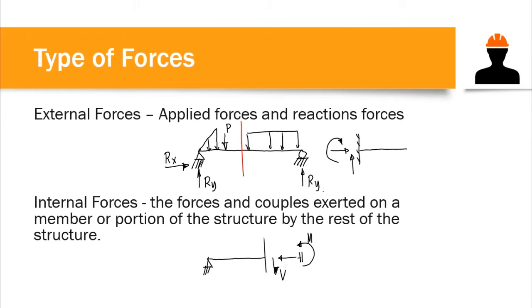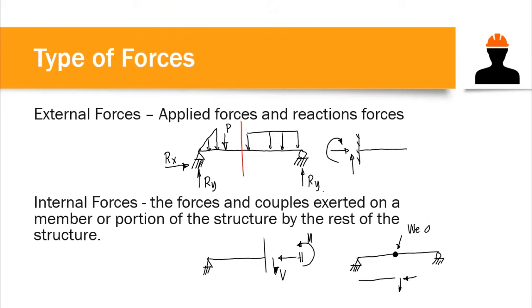We also have internal hinges and internal rollers. So let's say you have this beam. An internal hinge is when we have a hinge at any point within the beam. If we cut this beam, we would have a vertical force and a horizontal force. Since that is a hinge, we do not have an internal moment at this point.